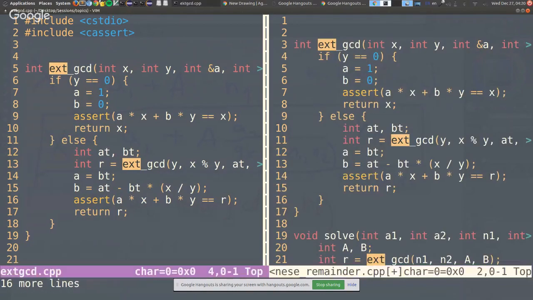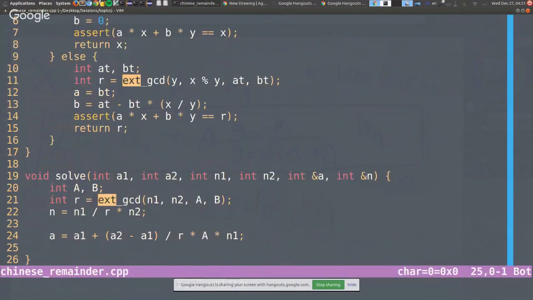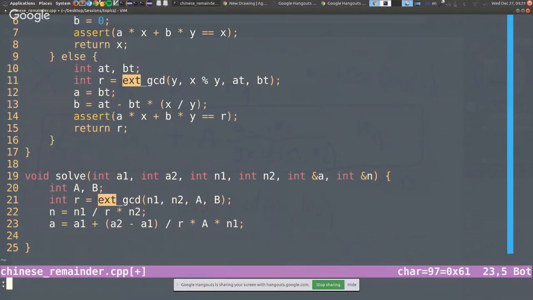Here I think we extended this further. Basically this is it.